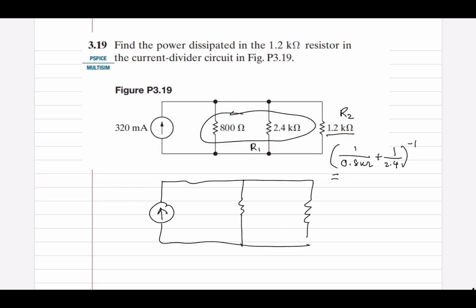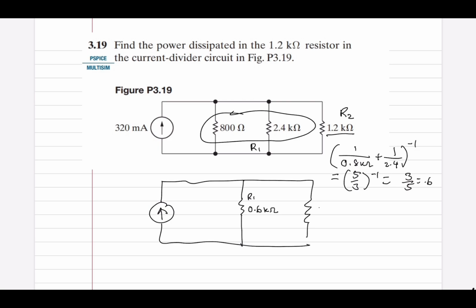And then that will be equal to 5/3 to the -1, which equals 3/5. And that's just 0.6. So R1 becomes 0.6 kilo ohms.